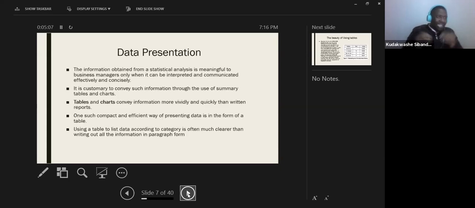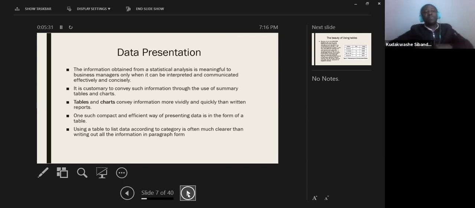All right, so let's talk about data presentation, because like I highlighted earlier, you use statistics when you want to make decisions, maybe with your board, and then you have to present that data.